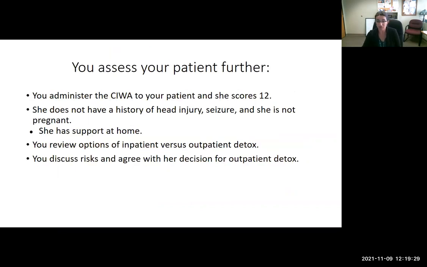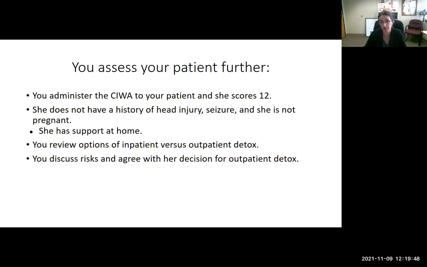So we assess our patient further and administer the CIWA, and she scores a 12. So in that moderate range, not clearly needing medication at this point, but she may. She does not have a history of head injury, seizure, and she's not pregnant, and she has support at home.